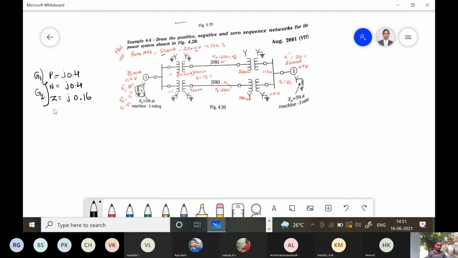And neutral impedance Zn is equal to J0.1, all in per unit.